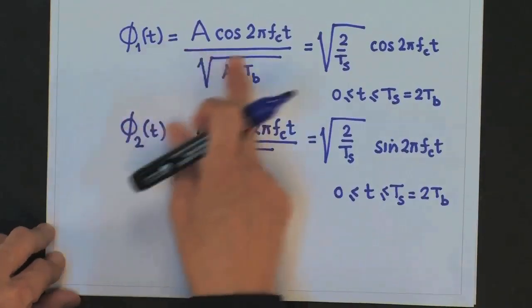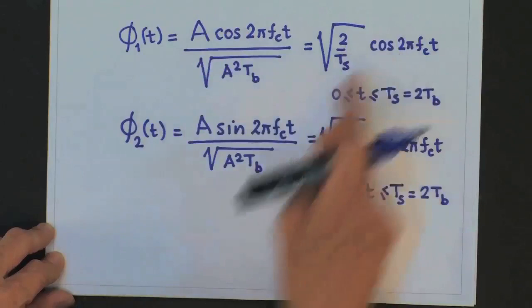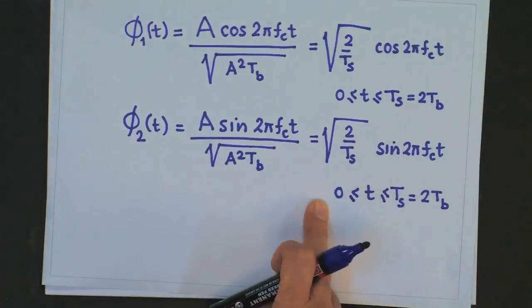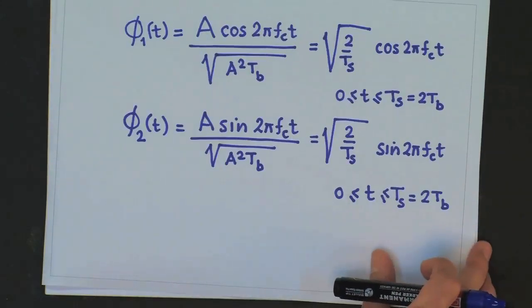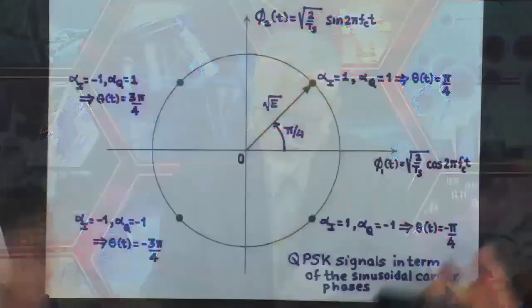Phi 1(t) is this signal and phi 2(t) is given by this signal, and using these 2 signals for representation we can get the signal constellation for QPSK signals as shown in this figure.